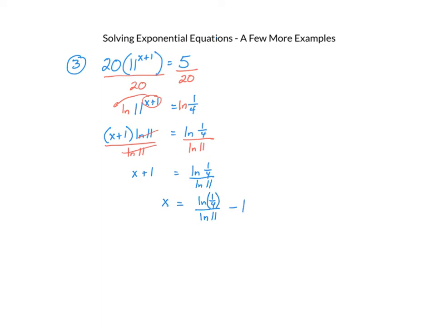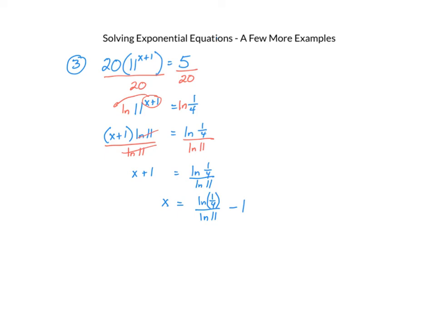Now, I mentioned on this problem I wanted to show you how many different ways this answer could look. This is one way, but let's find another. We could get a common denominator with these two expressions and put it together as a single fraction, and sometimes that's desirable. So I'm going to start listing the different ways that the answer could look.